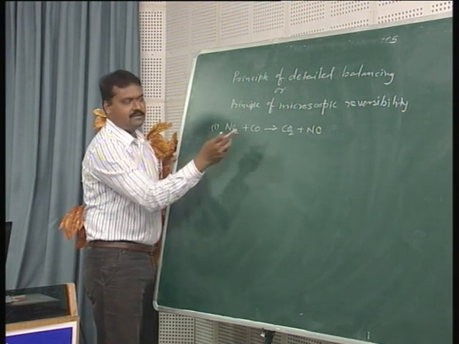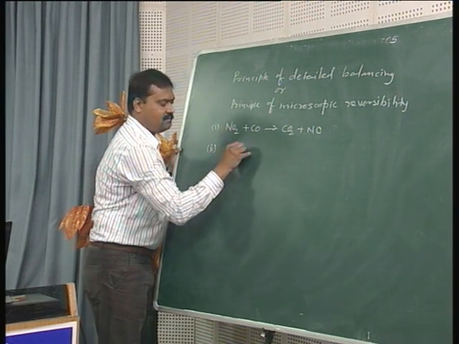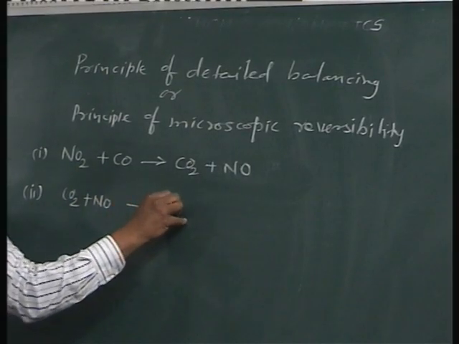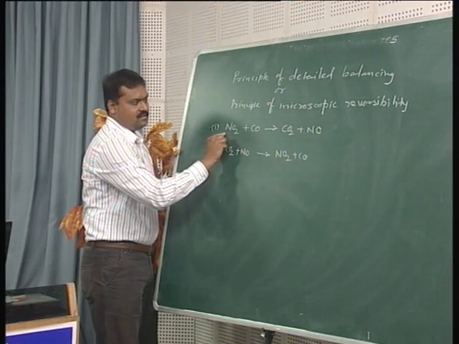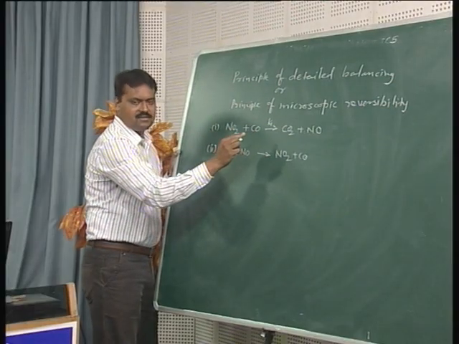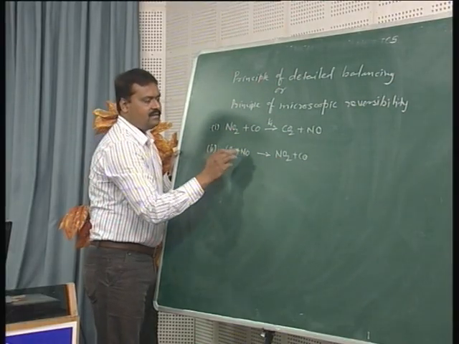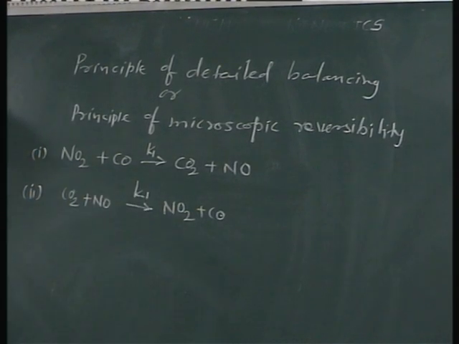So the reverse of this reaction will be CO2 plus NO to give NO2 plus CO. Now let the rate constant for step 1, which is the original reaction, be K1, and the rate constant for its reverse reaction be K minus 1.